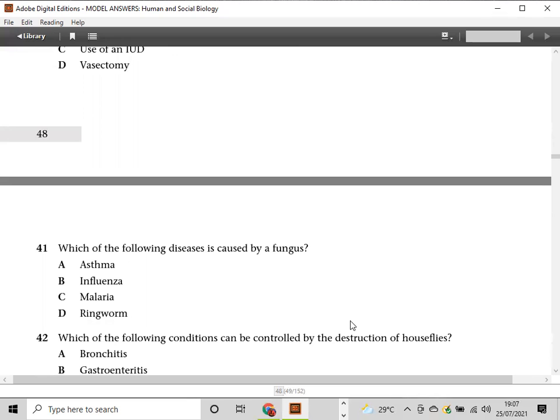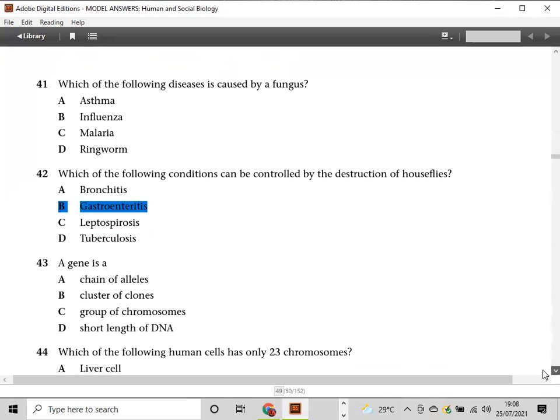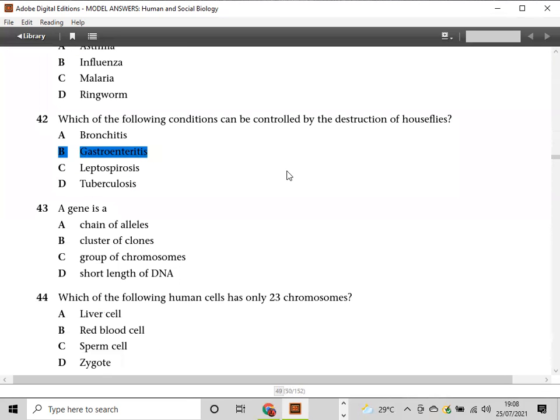41, fungus, 21. 42 is which of the following condition can be controlled by destruction of a host fly caused by host fly. Gastroenteritis. And a gene is a shortened length of a DNA, or is it a group of chromosomes?